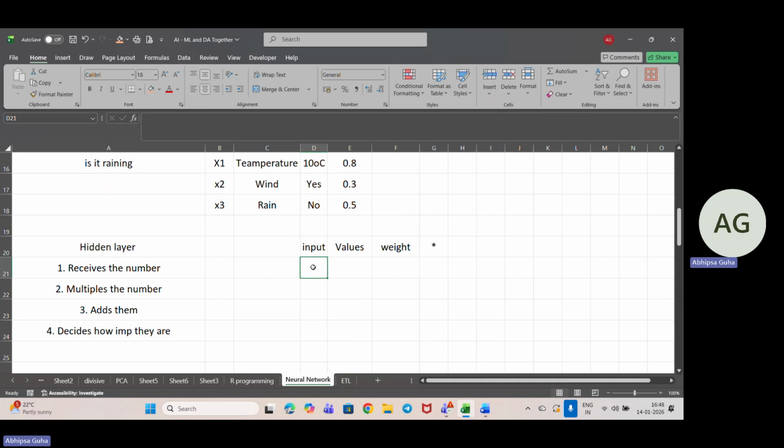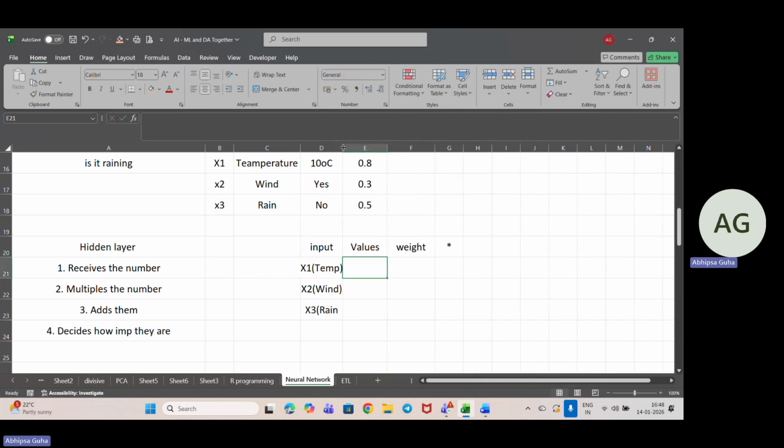So input X1 is temperature, X2 is wind, and X3 is rain. Now about the values.